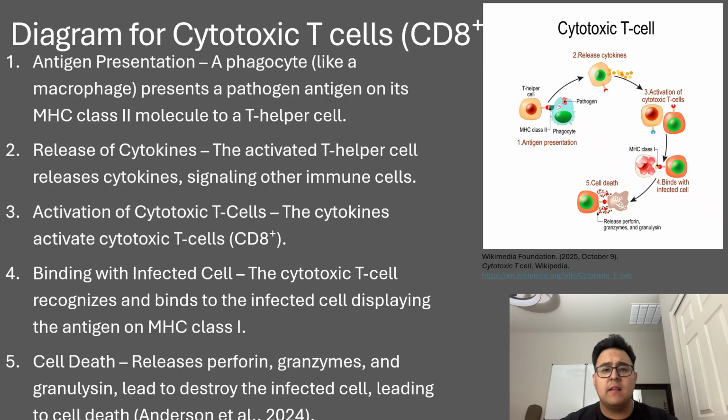And they then stimulate cytotoxic T cells, which are also known as CD8 cells again. The cytotoxic T cells then recognize infected cells throughout our bodies, displaying the antigen on the MHC class I molecule. They then kill these infected cells by releasing perforin, granzymes, and granulysin, leading to the destruction of the infected cell, causing cell death.